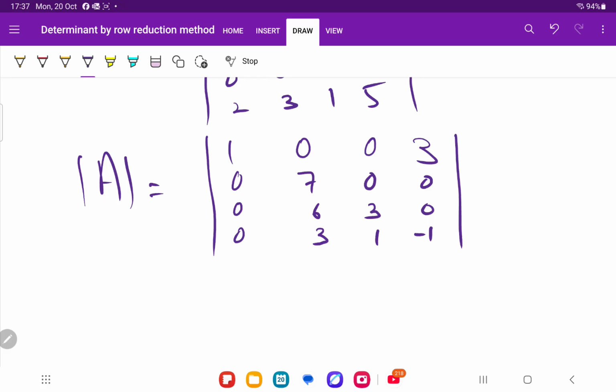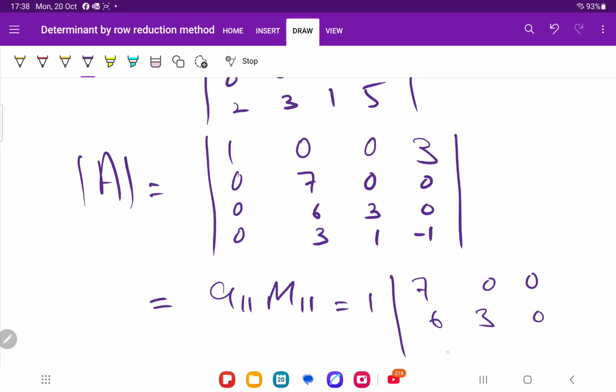We will write the minor only for the non-zero number. So here we could identify that A11 and the corresponding M11 is the best one. That column is the best one. And we know that A11 is 1 and the corresponding M11 is 7 0 0, 6 3 0, 3 1 minus 1.